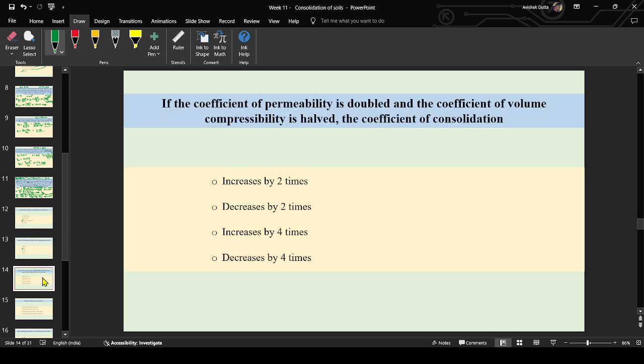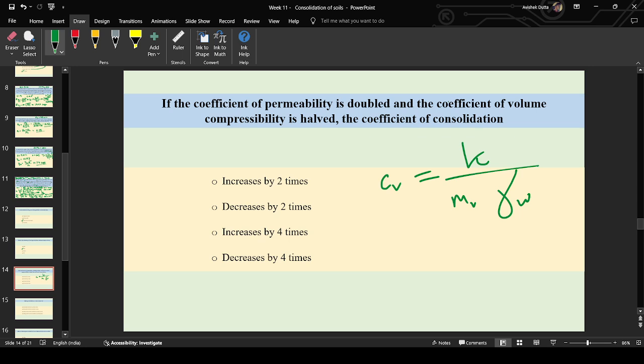Next question: permeability is doubled and volume compressibility is half. What happens to the coefficient of consolidation? So Cv equals K divided by mv gamma w, right?